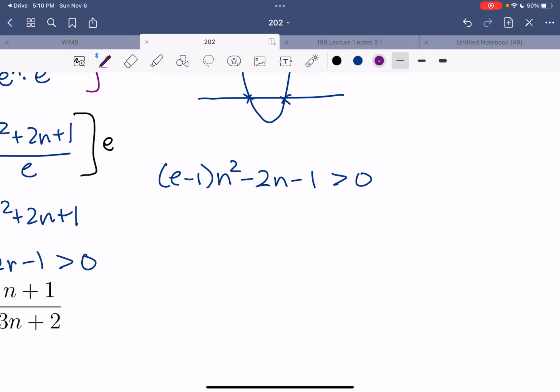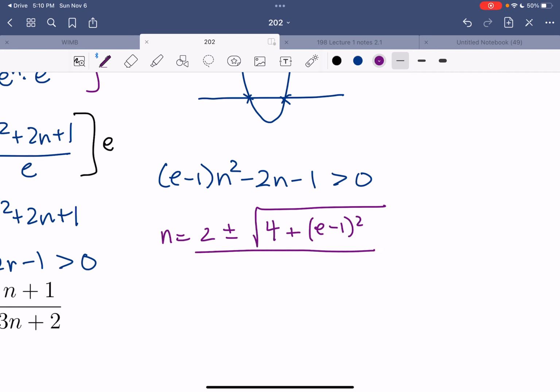So let's see. If we did that, then we would have that n equals negative b, which would be 2, plus or minus the square root of 2 squared, which is 4, minus 4ac, but that's a plus because I have a minus here, all over 2 times (e minus 1).